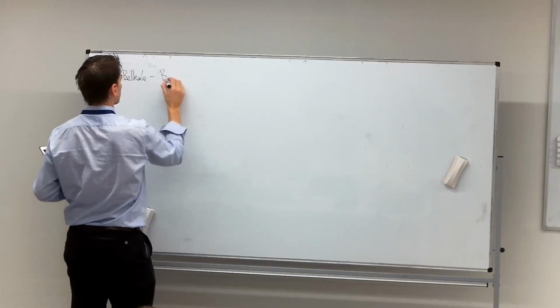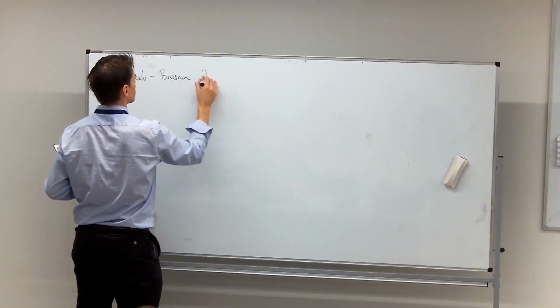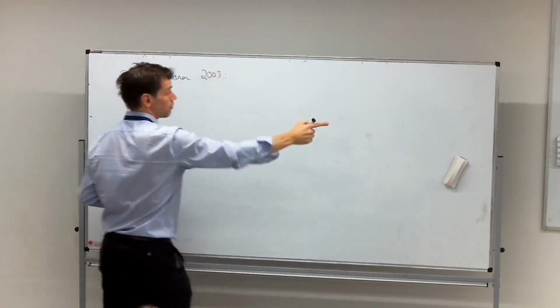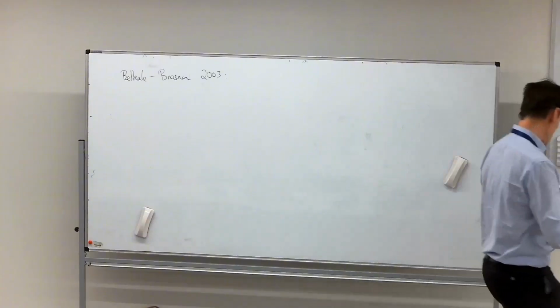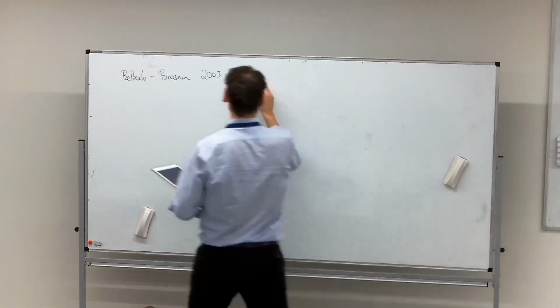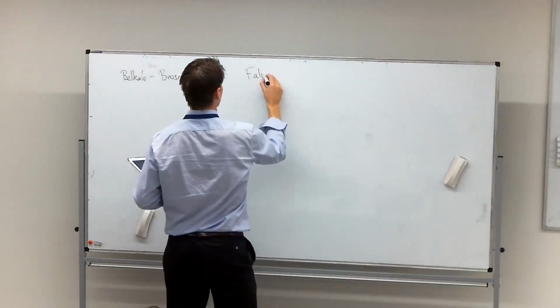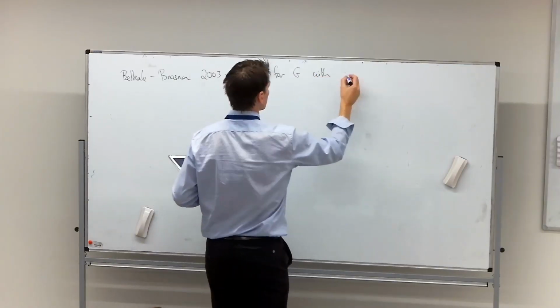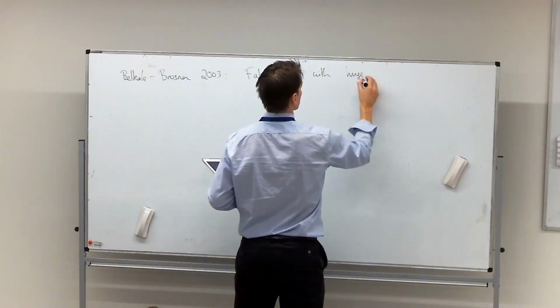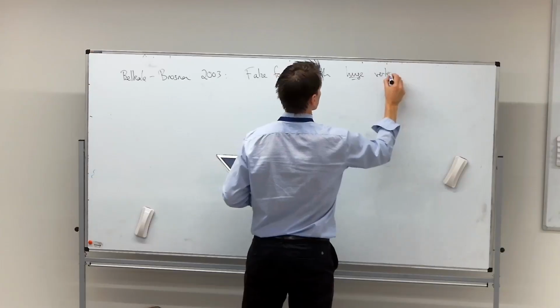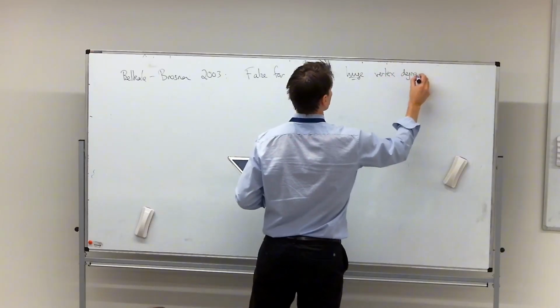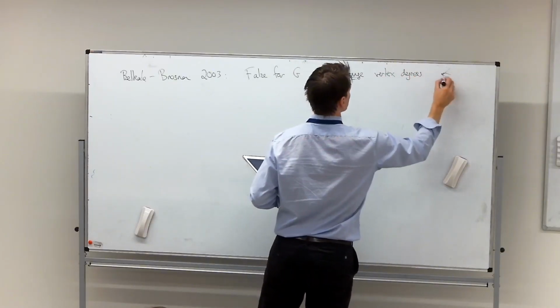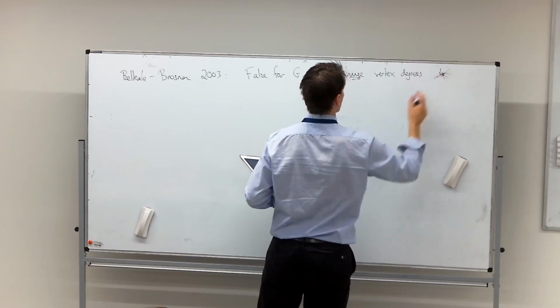So Belkale and Brosnan, quite quickly in 2003, in fact showed that these point counting functions for graphs are of general type. So in particular, they showed it's false for G with huge vertex degrees. So the vertices have insane numbers of edges coming out of them.